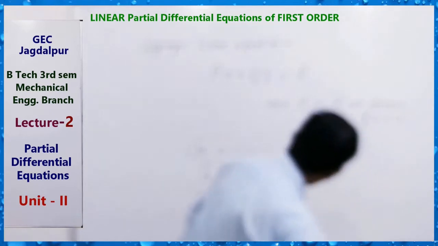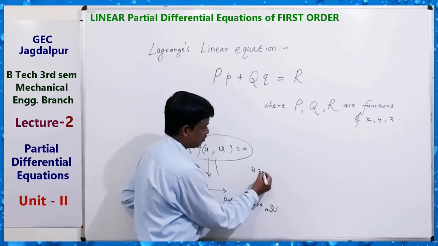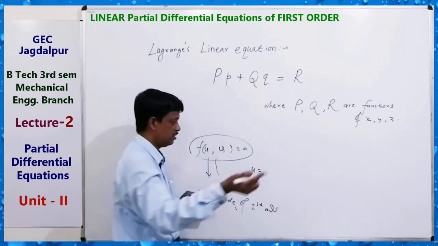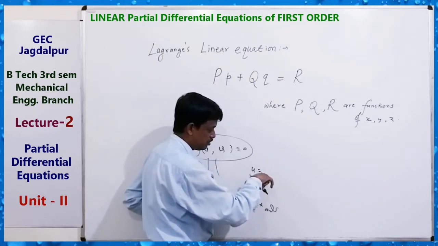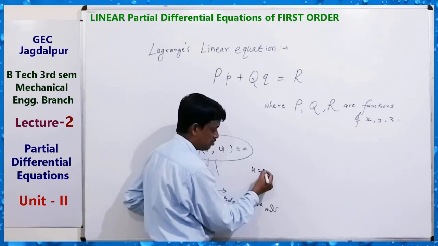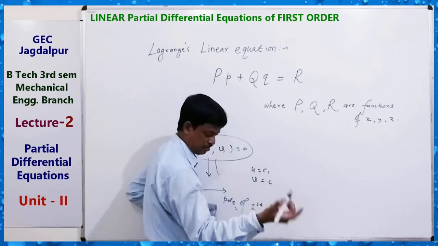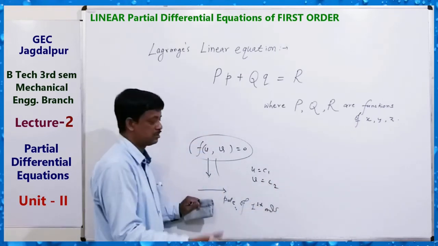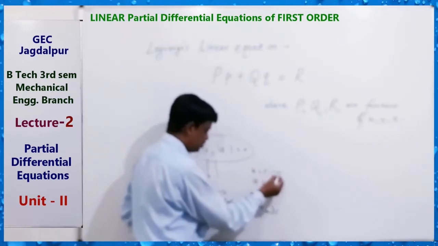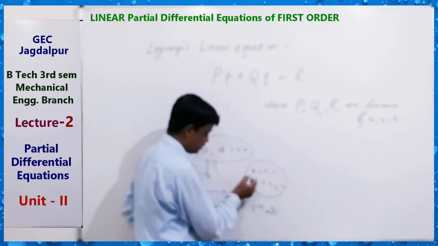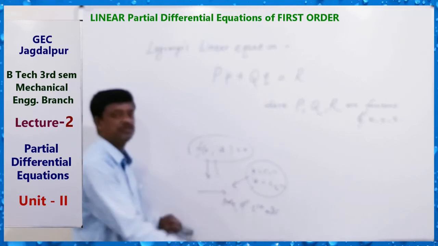Okay, so writing the solution is very simple, because we have to solve simultaneous equations. If u equals some constant is a solution, and v equals another constant is another solution, then u is a function of x, y, z, and v is a function of x, y, z. From these two equations we can also get this type of equation.